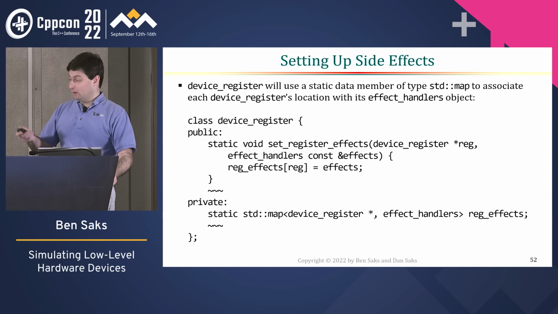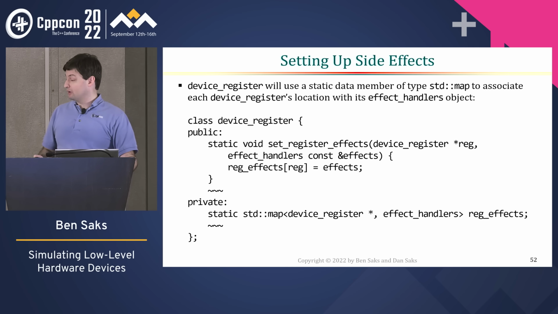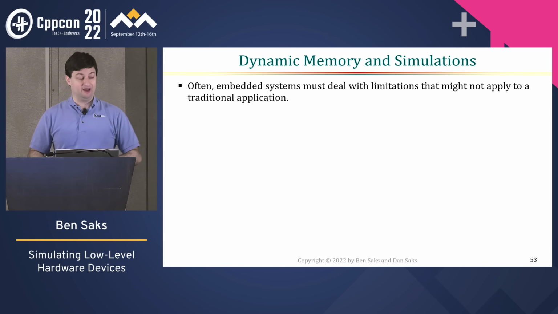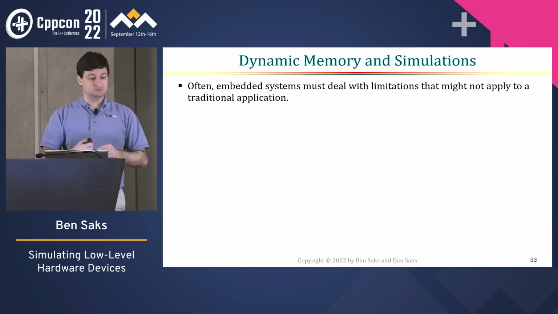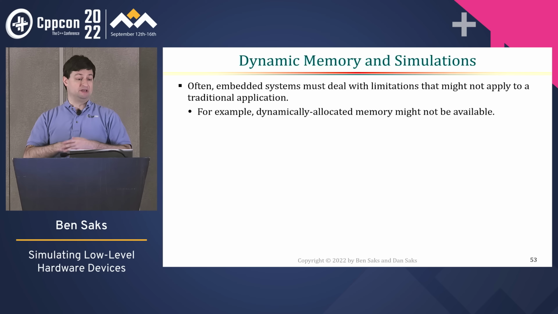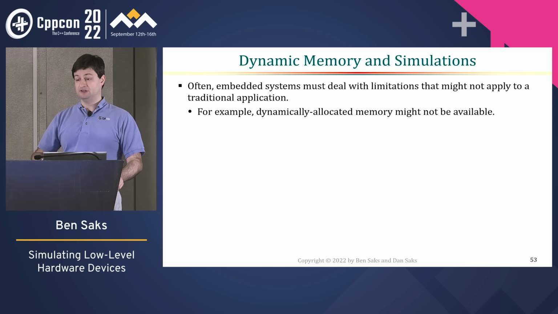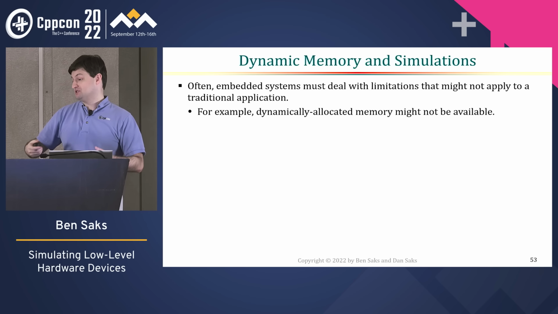Now, on real hardware, I wouldn't want to do something like this. I often have quite severe memory restrictions on my target hardware that I need to abide by. And so I may very well not be able to allocate dynamic memory the way that the map is going to in this case. But the map is unique to my simulation.